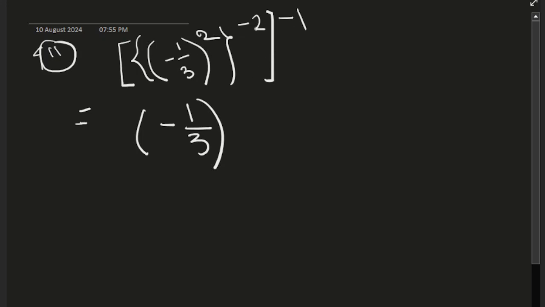So 2 multiplied by minus 2 is minus 4, and minus 4 multiplied by minus 1 is plus 4. So the answer will be (-1/3) to the power 4. Even power of a negative number is positive. The answer will become positive 1 by 3 to the power of 4, which is 1 by 81.